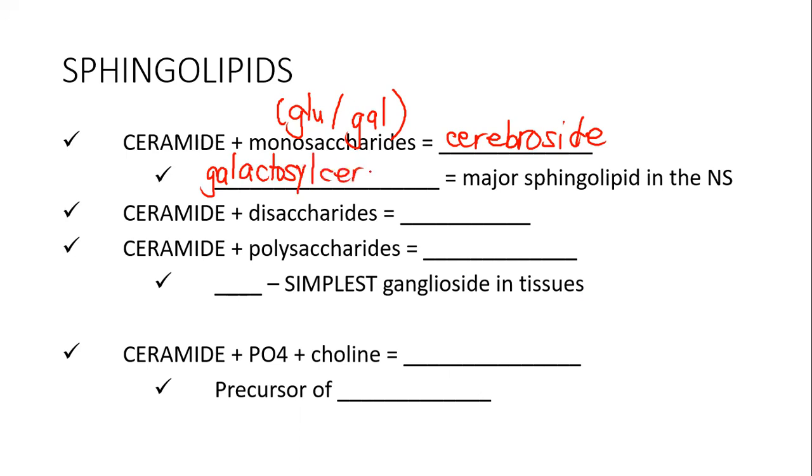It serves as the major sphingolipid in the nervous system. Next, ceramide plus a disaccharide head group, we will call globosides. Next, ceramide together with a certain type of polysaccharide, we will call ganglioside.